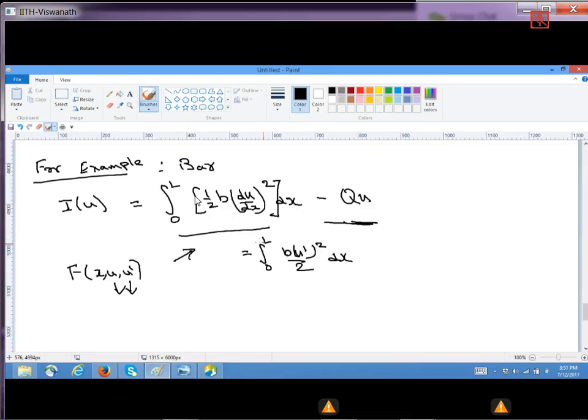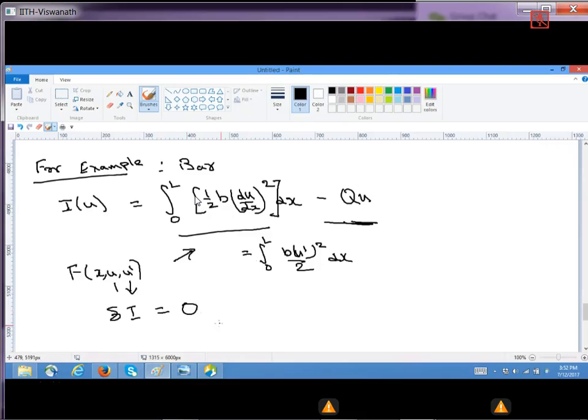At this point of time, we'll try to seek δI. So let me just compare the things. So we need to seek this equation.